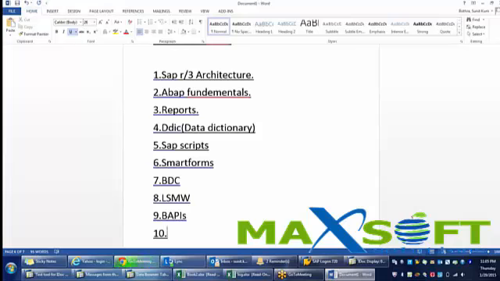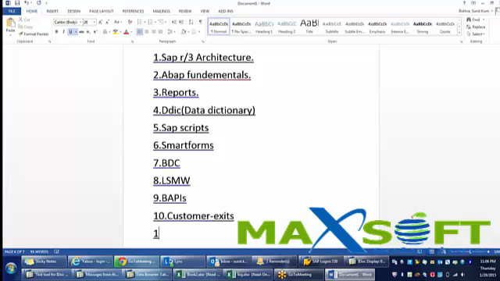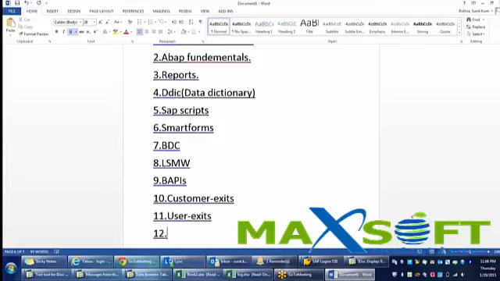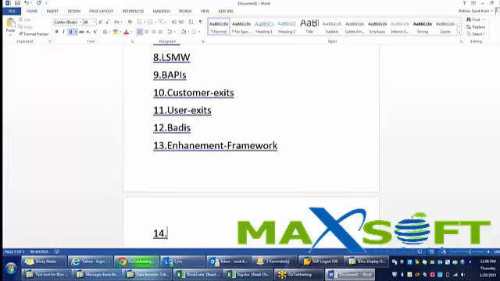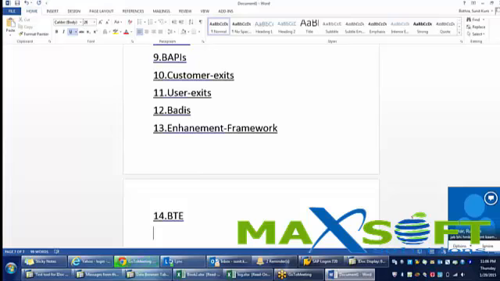We start with customer exits, then user exits, then BAdIs, then the enhancement framework, then BTE, right? These are the major enhancement techniques we'll be covering.